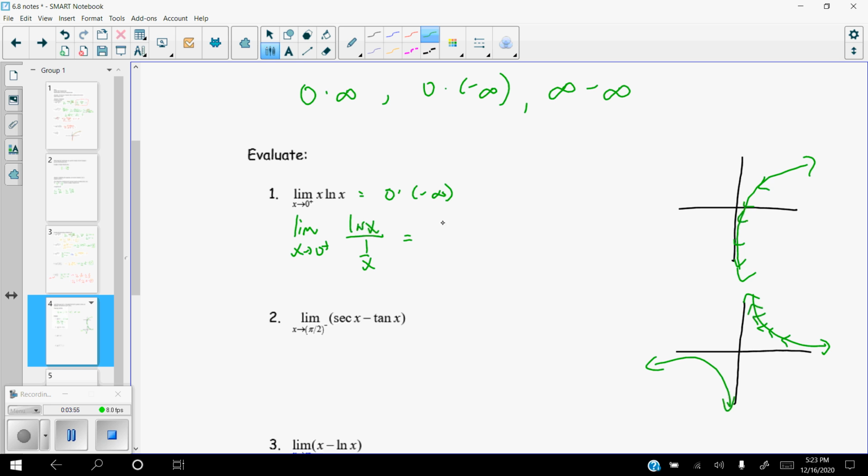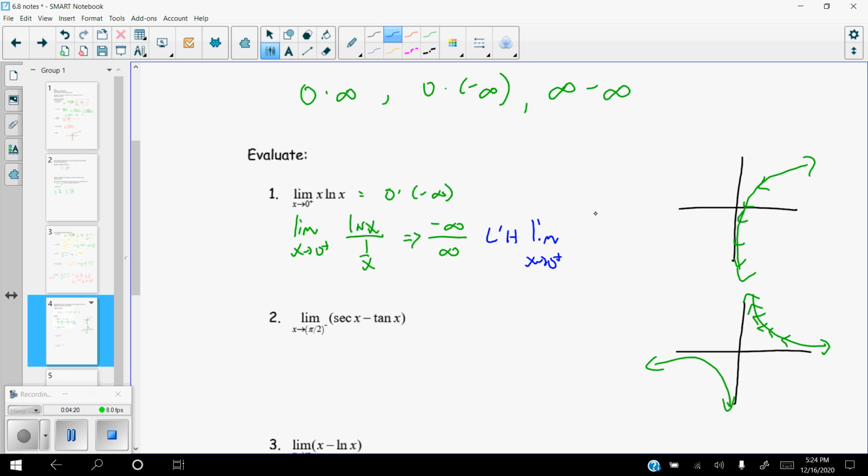So now what I have is negative infinity over positive infinity. Best to put that little arrow there so we know it's not really equal to that. It's just what it gives us there. But now it's in the correct form to use L'Hopital's rule. So I can now take the derivative of the numerator and the denominator separately, and then we'll try and reapply the limit.